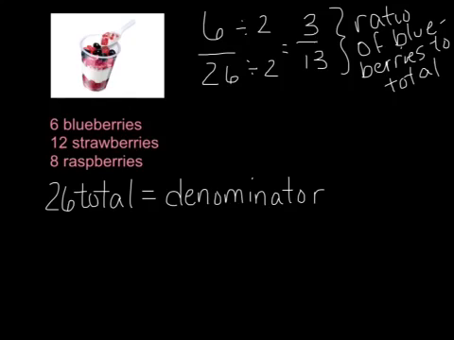So if we wanted to do it with raspberries, we would say there are 8 raspberries out of the 26 total, and it looks like the GCF of those two numbers is also 2, so we divide by 2, and we'll get 4/13. So the ratio of raspberries to the total amount of fruit in the fruit and yogurt parfait is 4 out of 13.